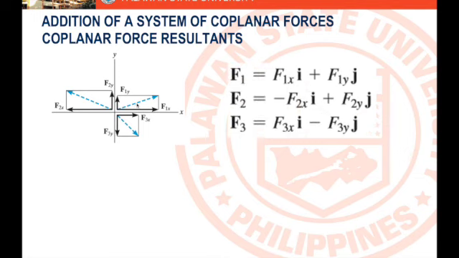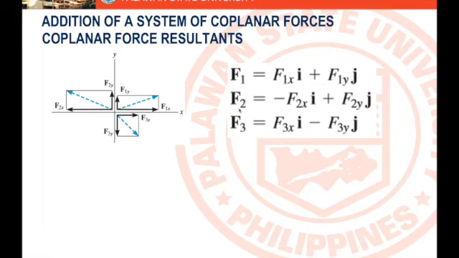Okay, so writing down the forces F1, F2, and F3 into their Cartesian vector notation. For F1, that would be F1x i, in the x direction, plus F1y j. This is a plus sign since the components of F1 are both going in the positive x direction and in the positive y direction.